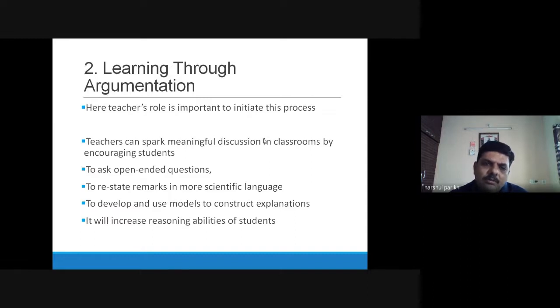So overall, when teachers play a role to spark meaningful discussion in the classroom, it naturally increases the reasoning ability of the students. So this is the second way, learning through argumentation, where in the classroom all students get the knowledge in parallel, they can think on problems, right?